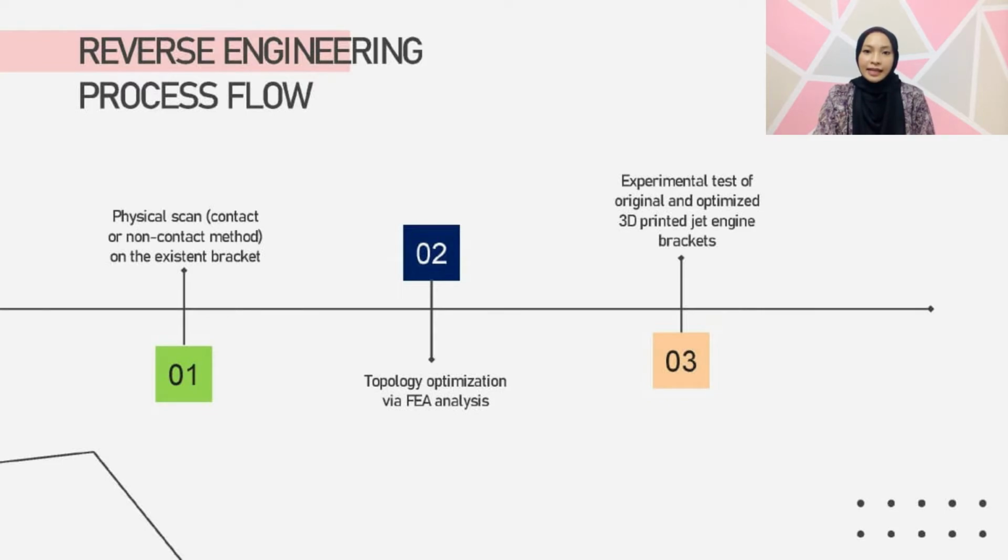And the last step is the experimental test of the original and optimized 3D printed jet engine bracket. For the purpose of AM application, one way to proceed is to export the final model to software that can perform 3D metal printing setup before sending it for actual part manufacturing using SLS.